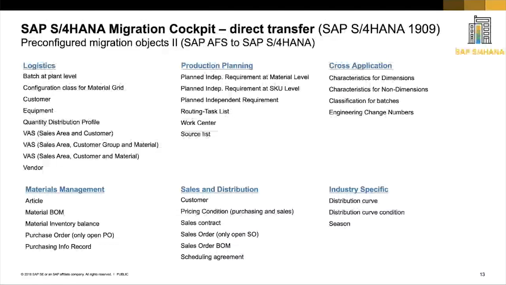That's what we have kept in mind while designing these migration objects, and this should cater to those requirements. We are continuously reevaluating these migration objects, and as and when we see that something is missing or some scope has to be increased, we are doing continuous improvements and releasing it as part of many releases across S4HANA on-prem.